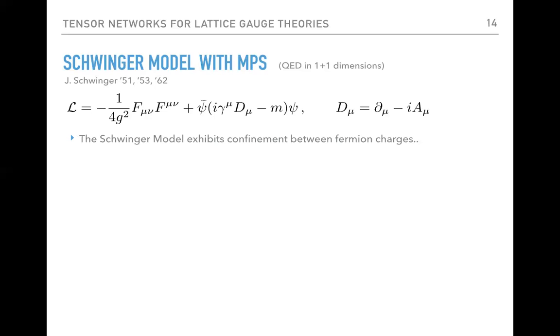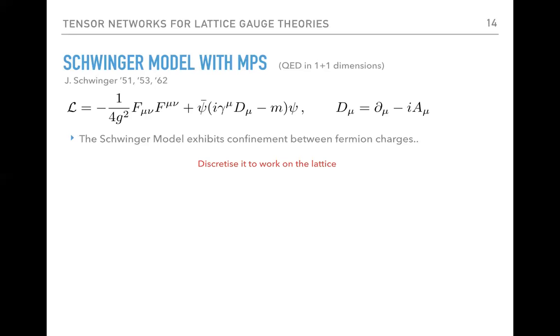You can understand that in a very hand-wavy way because the potential between two static charges goes like r to the power 2 minus d, where d is the space dimension. If you have d equals 3, you have 1/r, which is the usual Coulomb potential, and if you have d equals 1, you have a linear potential. This is by no means any rigorous claim, but it's a fact that it exhibits confinement.